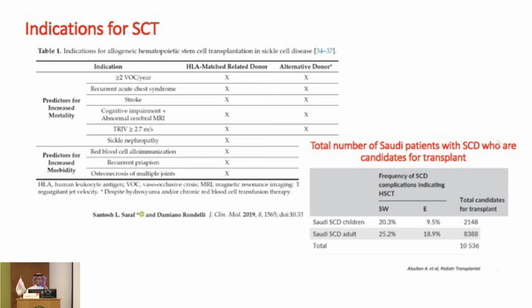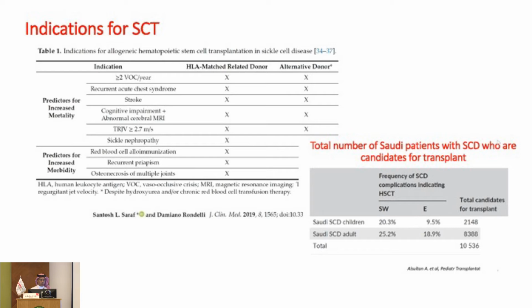Therefore, we set criteria for severe types of patients, those who have multiple veno-occlusive diseases, recurrent acute chest syndrome, any sort of cerebral vasculopathy. Of course, stroke is one of them, but any vasculopathy will be an indication for transplant. Those who suffer any neurological deficit, of course.